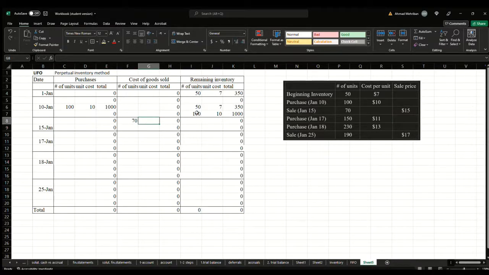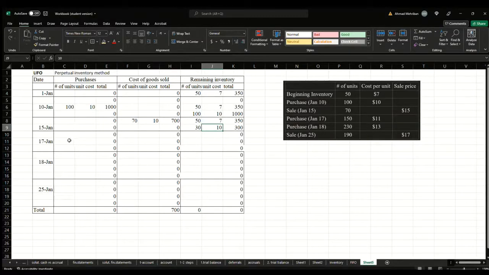Our last in, in this case, is these 100, each costing $10. So we're going to record that cost of goods sold. Once we've recorded this, 700 is the cost of goods sold by this point, and our remaining, we didn't touch the older lots because of last in, first out. From these 100 we sold 70, so 30 is remaining, each at $10.